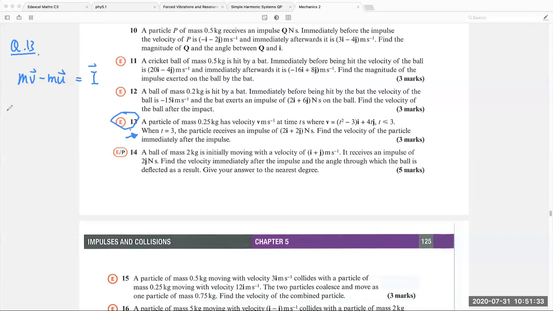So m times v. What is the velocity at t equals 3? You just substitute in t equals 3, so you get 6i plus 12j. Then that equals the impulse, and the impulse is 2i plus 2j.